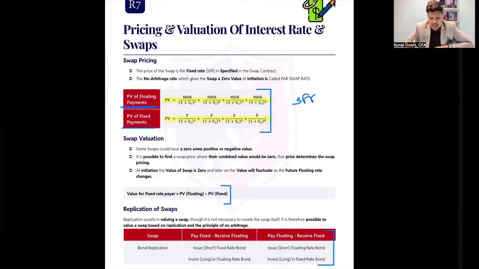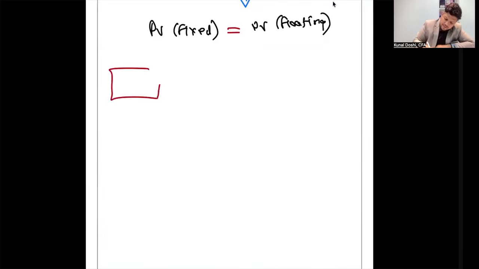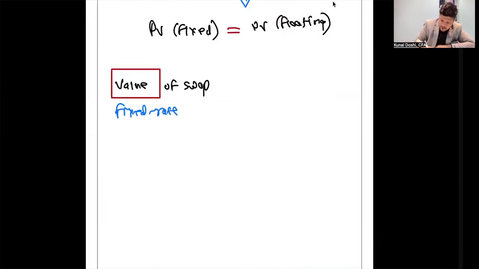Are you with me on this? Right? And the valuation, pricing is rate. The valuation is from the point of view of whom? When I say the value of swap, it is from the point of view of whom? Always the fixed rate payer. The valuation is always from the fixed rate payer.